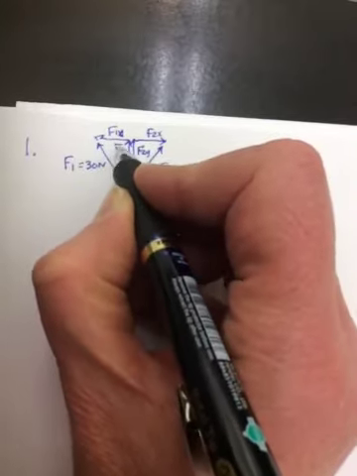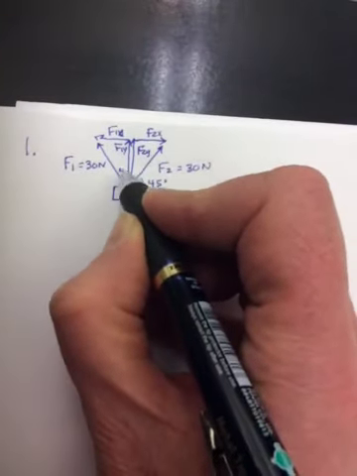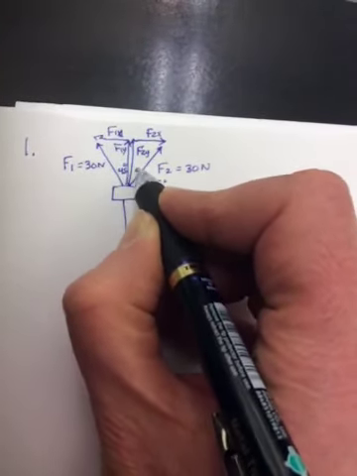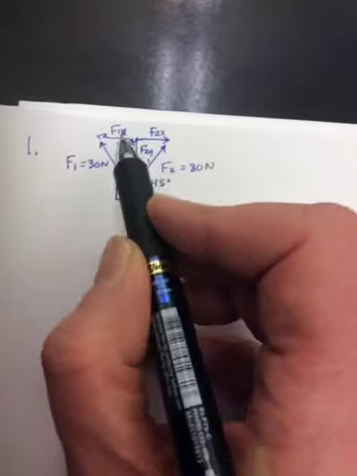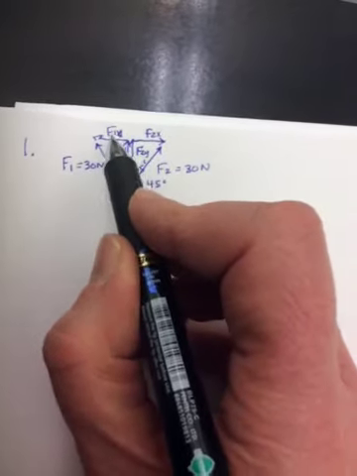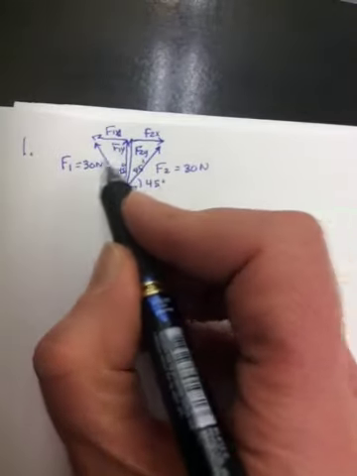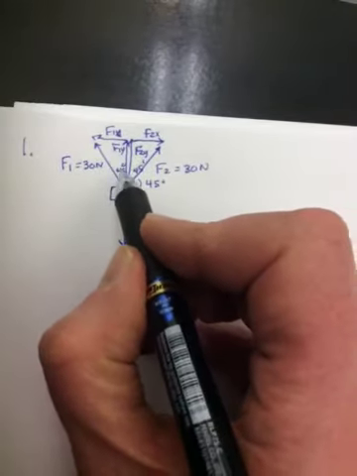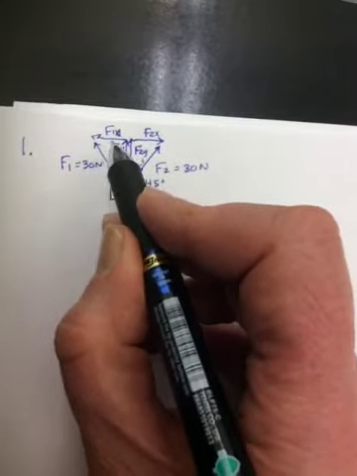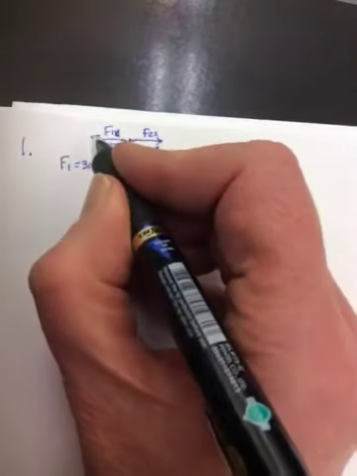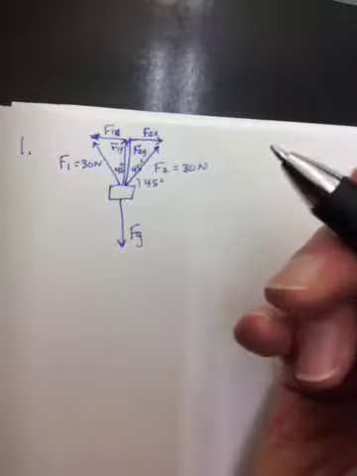And this angle here would be 45 degrees, and this angle here would be 45 degrees. Hopefully it's clear to you that F1x and F2x are going to be equal and opposite, because the hypotenuses are the same, the angles are the same, so the opposite sides should be the same, but they're in opposite directions, so they're going to cancel each other out.